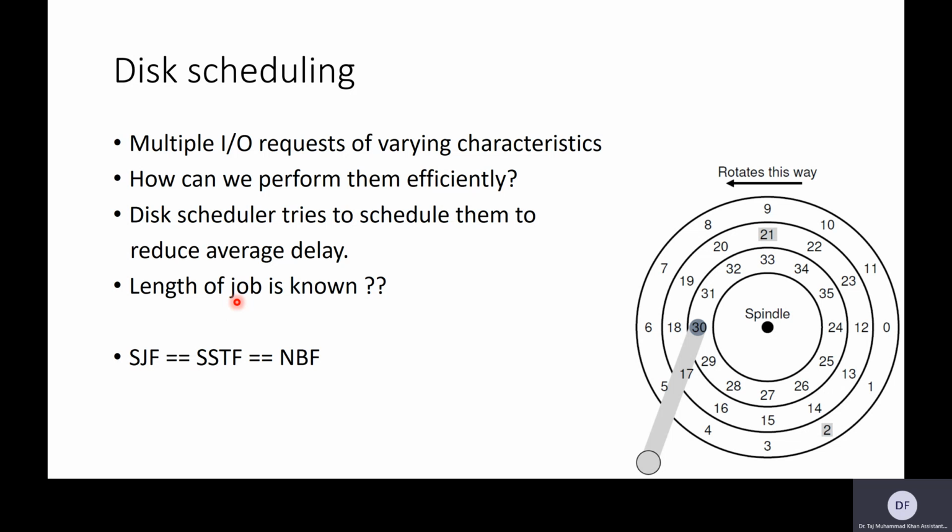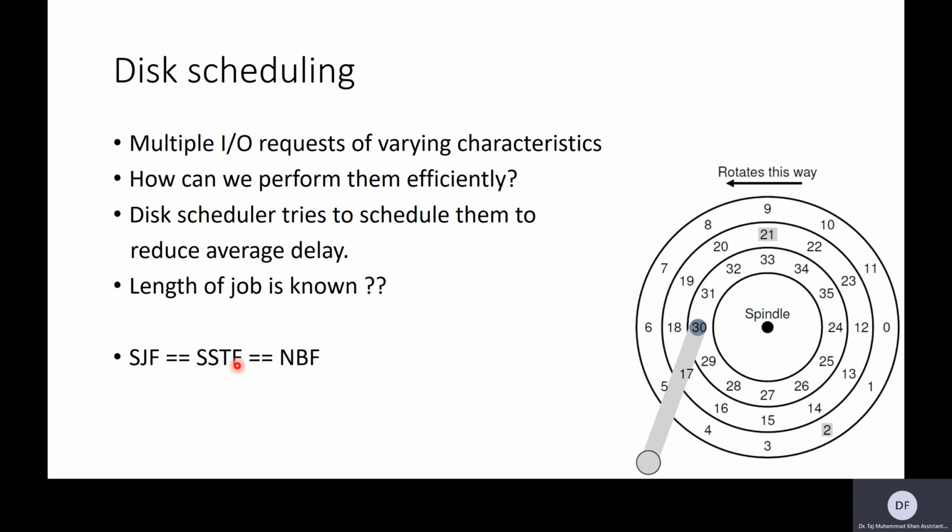So just like the operating system, we have this strategy where we try to schedule the shortest job first to reduce the average delay. Similarly, we'll try to approximate the same strategy on the hard disk to reduce the average delay. So shortest job first can be approximated by shortest seek time first.